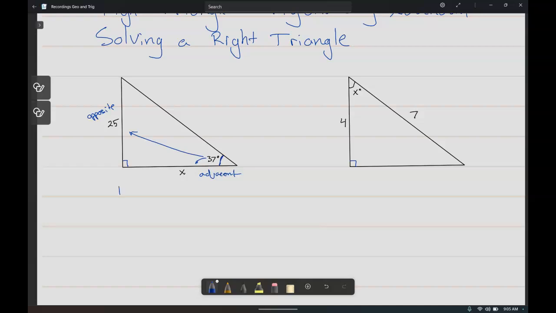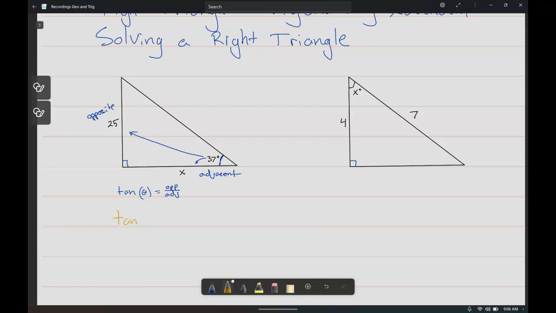So we'll start out with tangent of our angle theta equal to the ratio of the opposite side over the adjacent side. That's the structure we're going to be using, and then we can fill in the values that we know and the unknown in order to set up our equation, and then we can go ahead and solve.